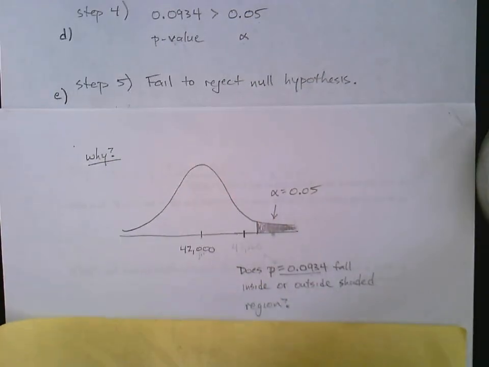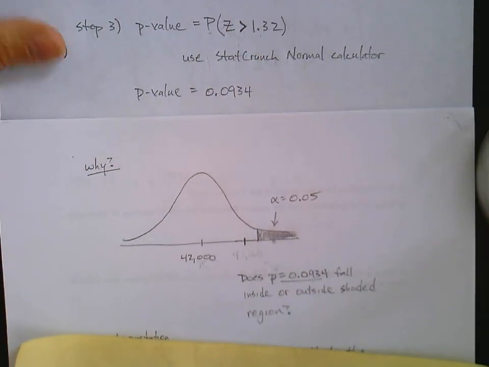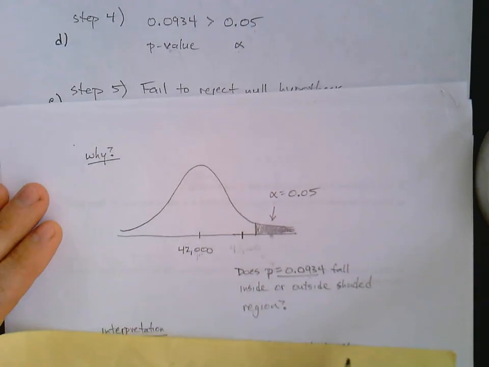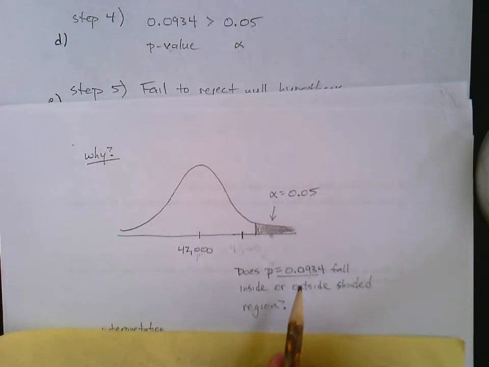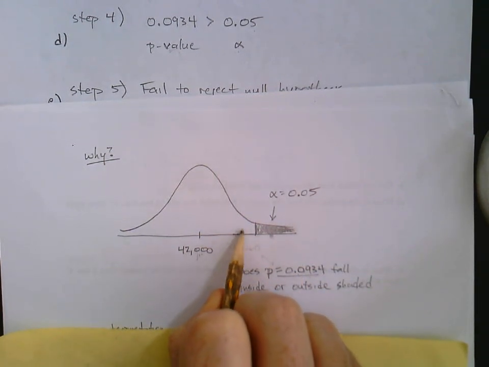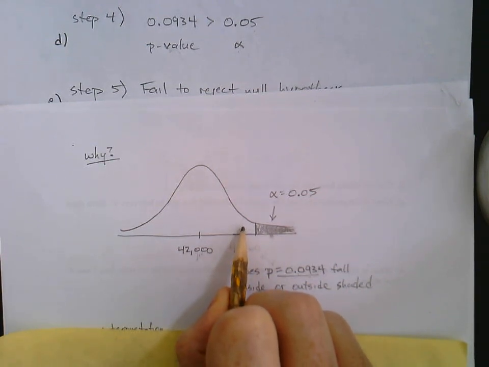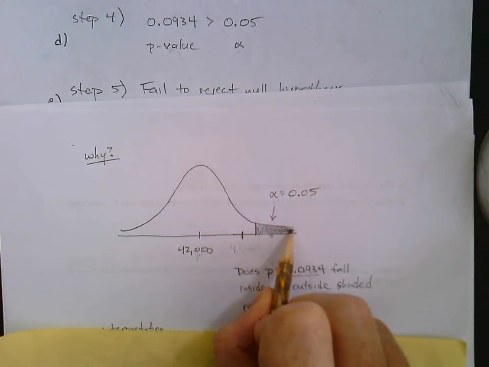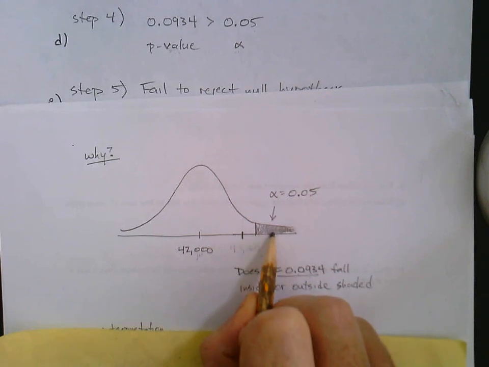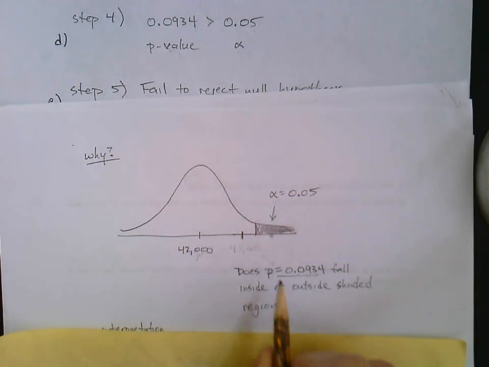So this top 5%, this probability, remember it was the probability greater than 1.32. So this is a probability greater than. So it turns out there's some place about right there that would have 9.34% above. Well, 9.34% above does not fall inside of the top 5%, right?